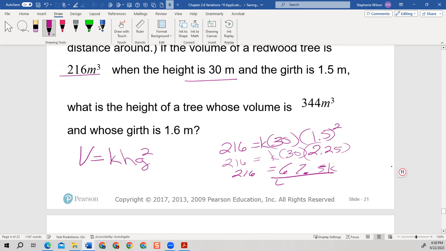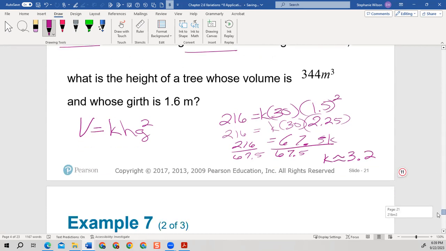Let's divide by that 67.5. And now I have k is approximately equal to, so 216 divided by 67.5 is 3.2. This is my constant k.